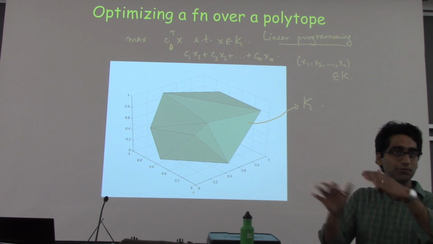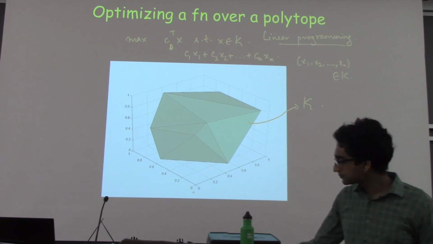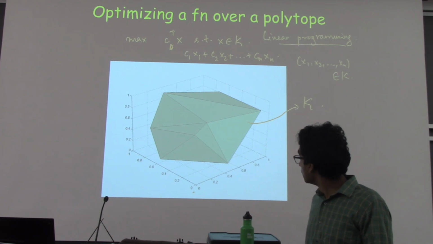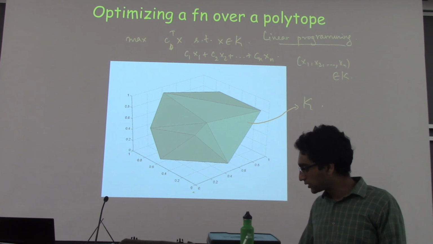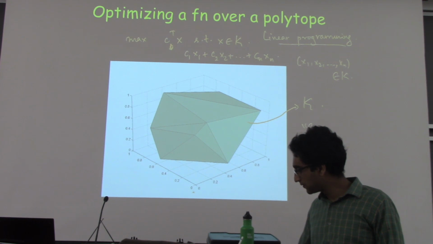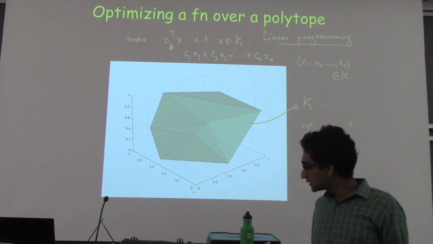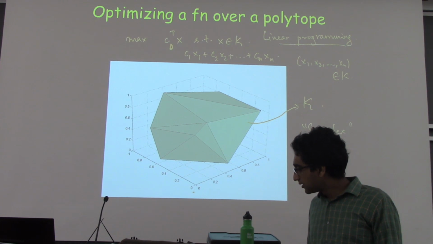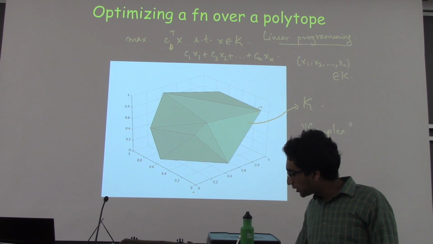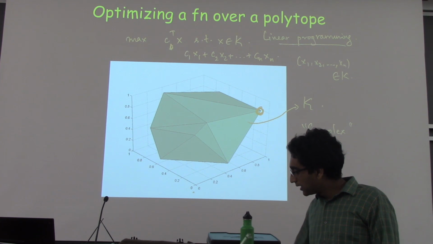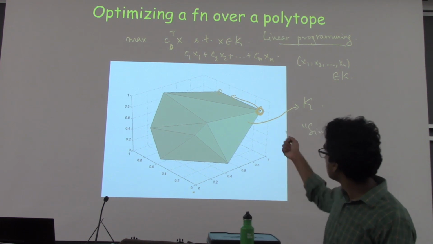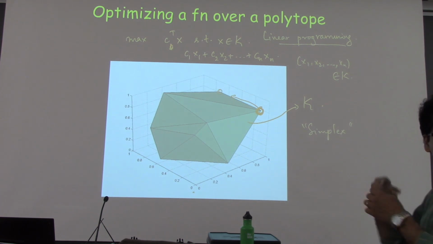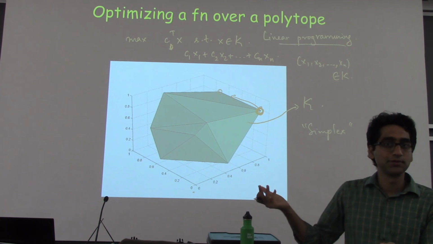So you have a polytope defined by these things, and you want to maximize the objective. It turns out that there is this very famous algorithm called the simplex algorithm. The way it works is exactly local search. You start off at some corner point, and then you move to a neighboring corner that could increase the value of this objective.